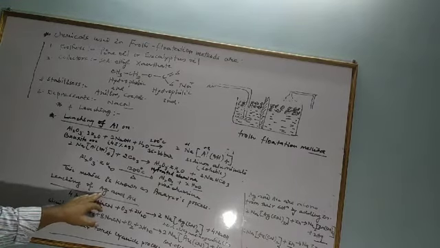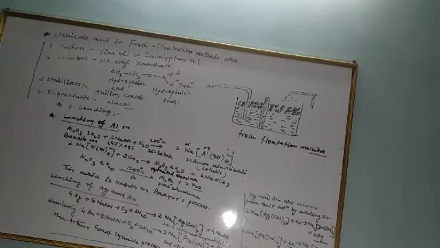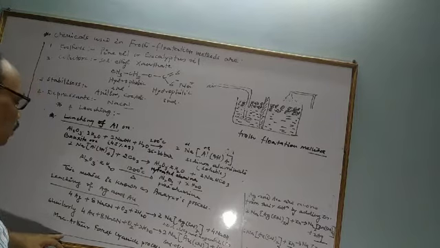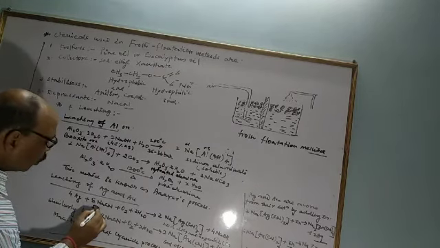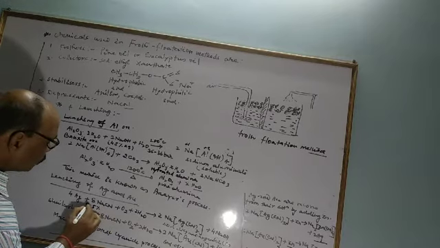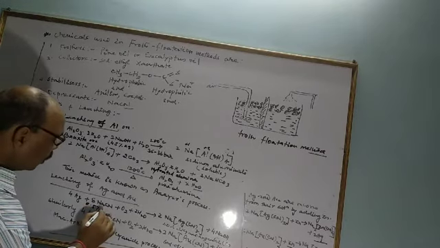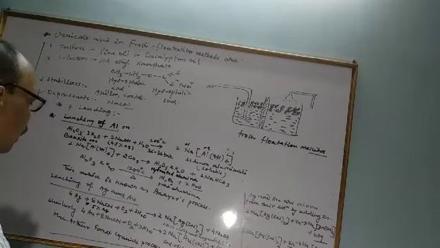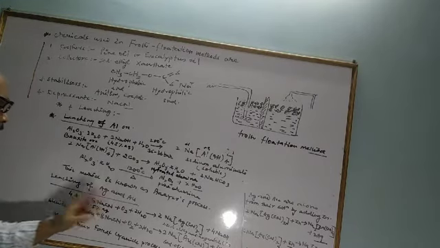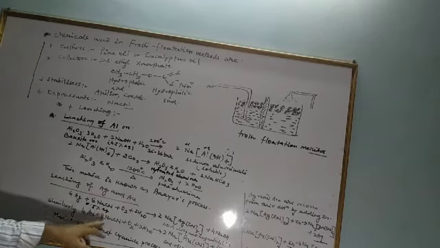Leaching of silver and gold. For the leaching of silver and gold, in the presence of air, silver or gold is treated with a 0.5% aqueous solution of NaCN or KCN. This is called the leaching agent. So this is a chemical substance.